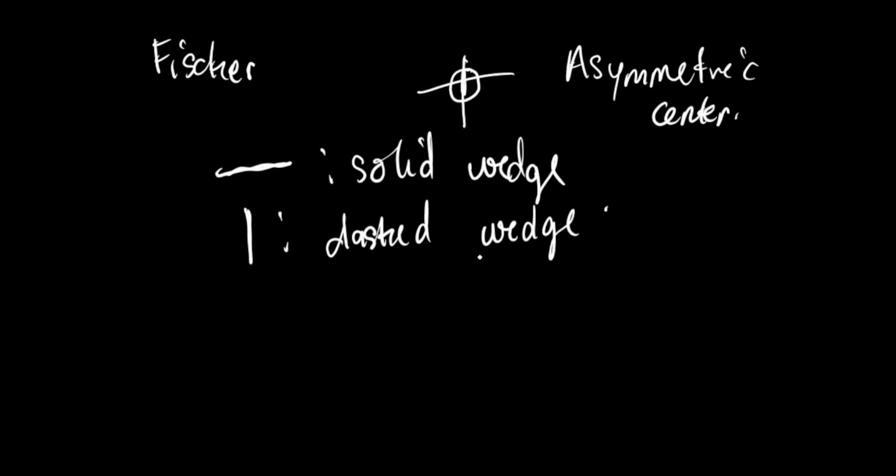So now let's draw a Fischer's projection of 2-bromobutane. Just as we did when we were drawing our perspective formula, let's take out the basics of the projection. An intersection represents an asymmetric center. For this particular molecule, we have only one asymmetric center.